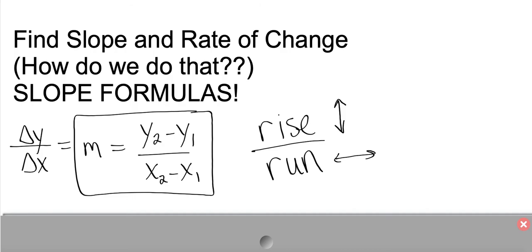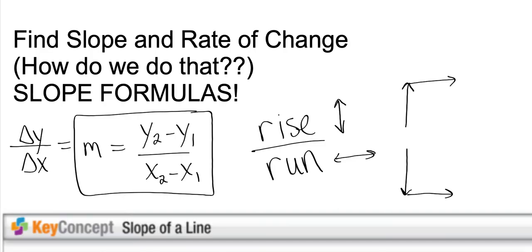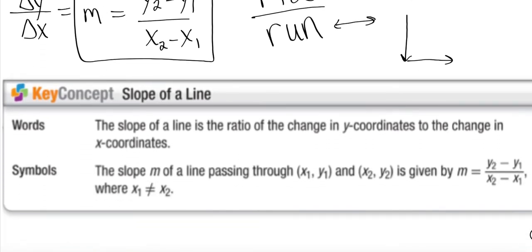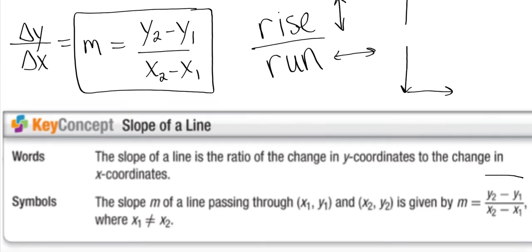I always go up and right. That's the best way to calculate slope. You might go up and right or down and right, but regardless, I always go to the right. So I gave you the slope formula down here. Make sure you have it somewhere.